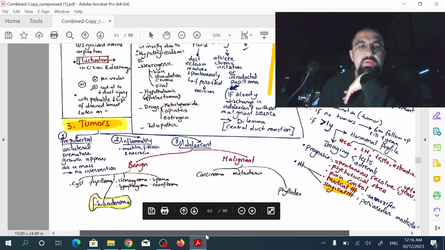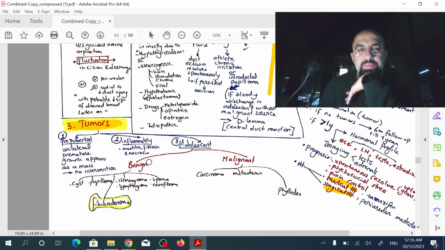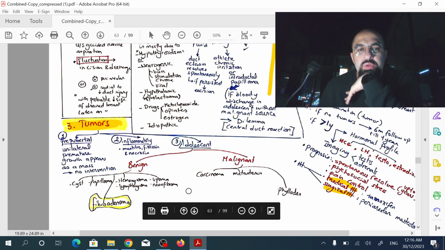And last of all are the tumors. We talked about congenital conditions, infections and gynecomastia. Last are tumors: prepubertal tumors, inflammatory tumors, and adolescent tumors. There's not much to talk about, but mainly fibroadenoma is the most common benign tumor, usually from age 15 to 20.